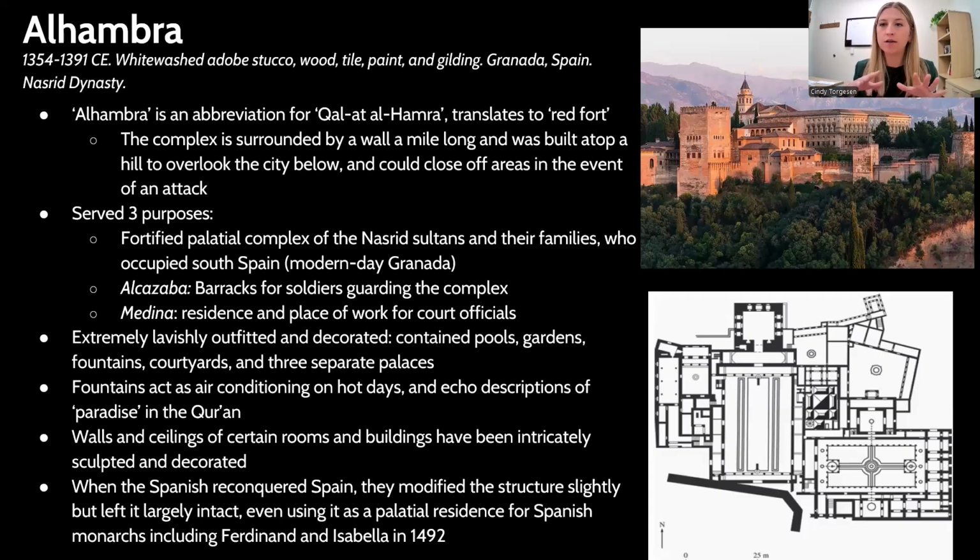But the structure is very interesting and important because, as I've mentioned a couple of times, Islamic architecture really started in the Middle East, but because we have this Islamic influence in Spain, there's going to be Islamic influence on the type of architecture that gets developed and the type of art that gets created.